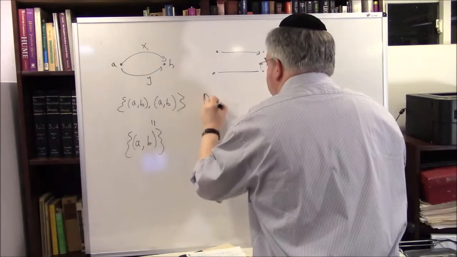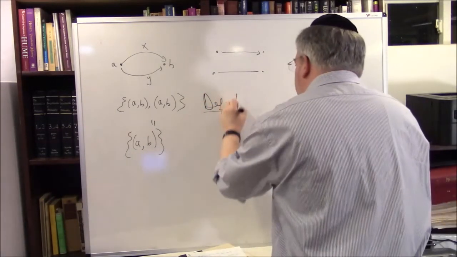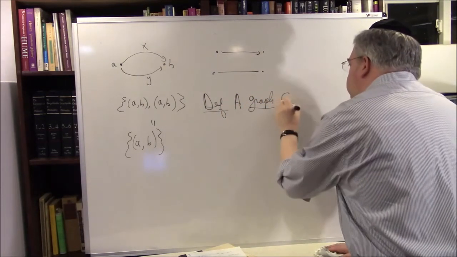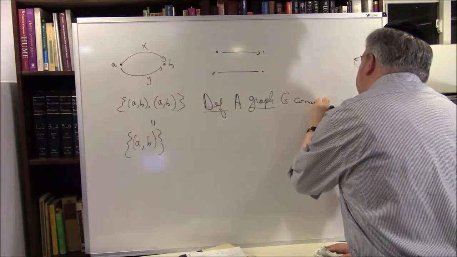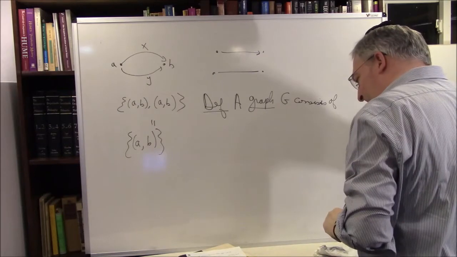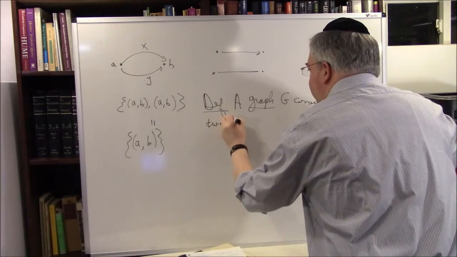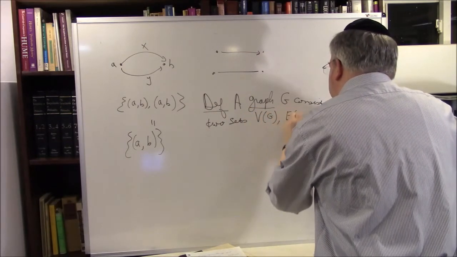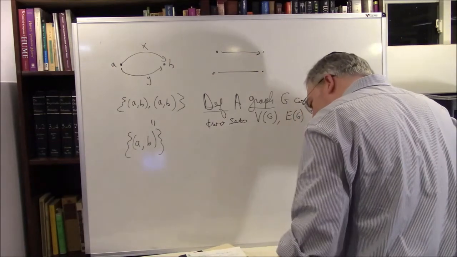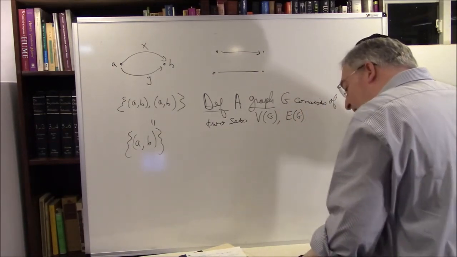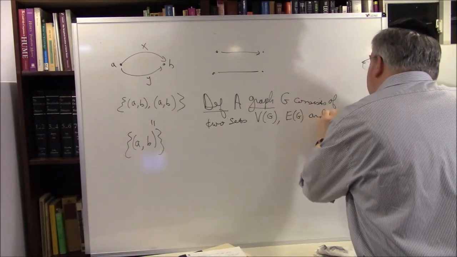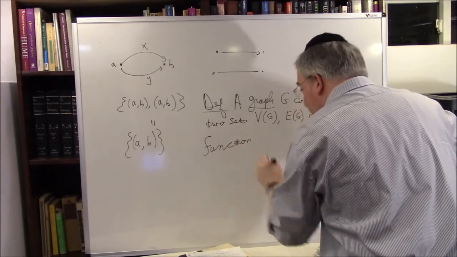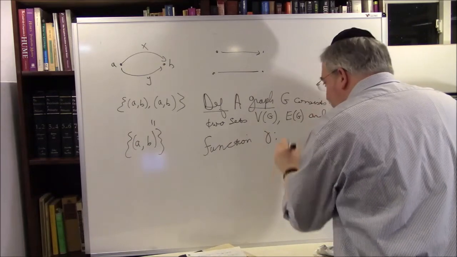Definition: a graph, not a directed graph, a graph G, consists of two sets, just like before, nothing different: vertices of G and edges of G. We know V of G is vertices, E of G is edges, and a function gamma, just like before. Gamma goes from E of G.